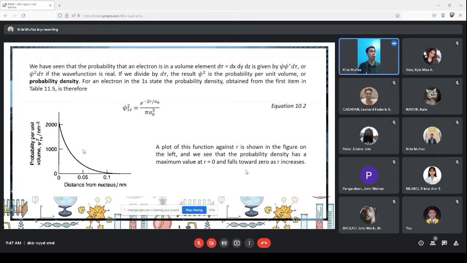No? So we could only have 0 and then, of course, up to infinity, like kung gaano kalaki yung sphere. So for example, for 1s, if you would try to calculate the wave function by putting r equal to 0, you would see na yun yung kanyang magiging maxima.